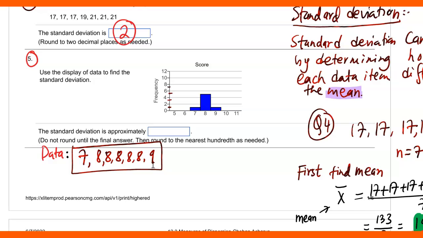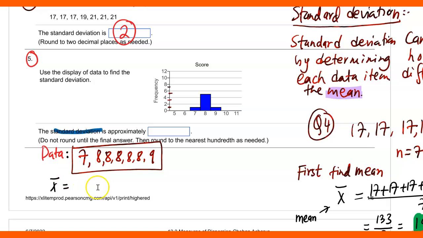Now, how do you find the standard deviation? As long as you have the data, you do exactly the same thing we did before. First, find the mean. Can you guys find the mean? I'll do it by myself and double check again. Therefore, the mean here, x bar. Let me write x bar for the mean.